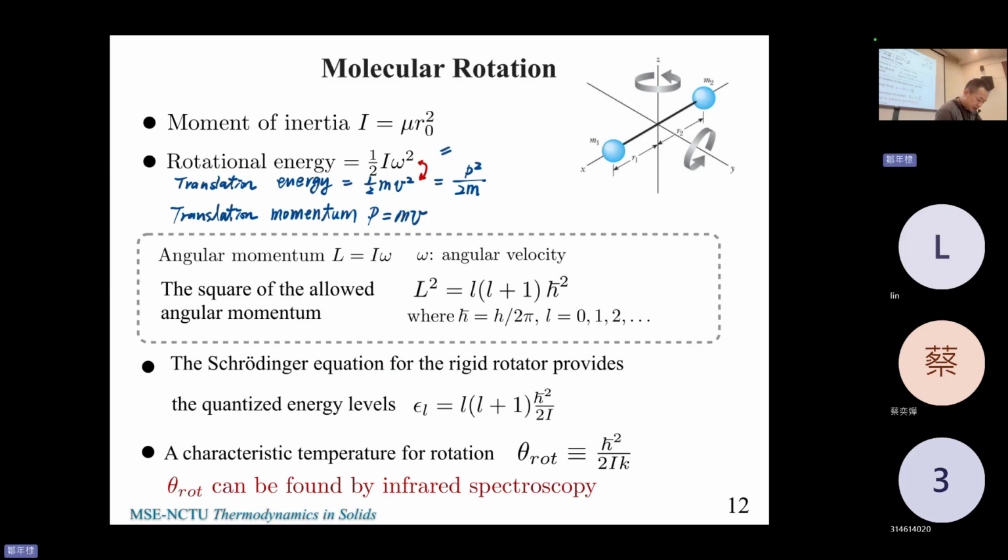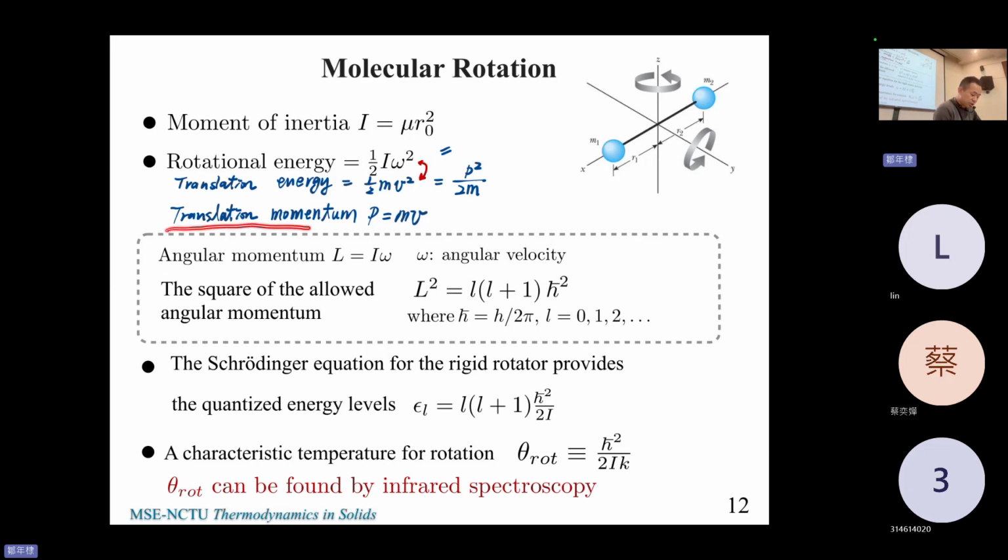So we can say the L squared, wait a minute. Okay, so angular momentum is I omega. Omega is angular velocity, just like the translational velocity v. So half I omega squared is just analogous to translation energy half mv squared.